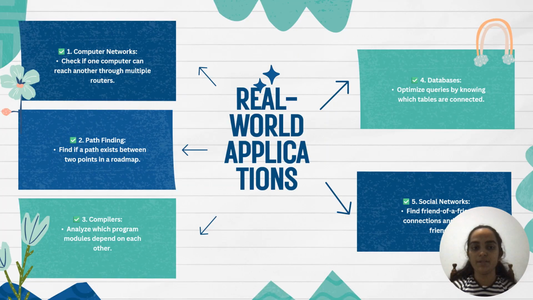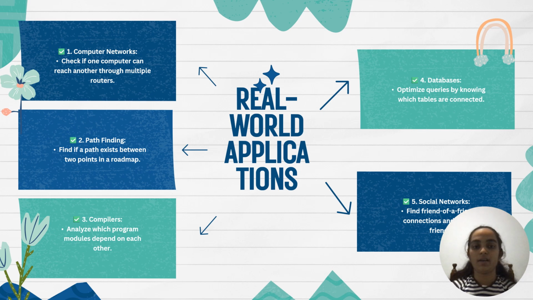Where is Warshall's algorithm used? Let's see a few examples. First, in computer networks, to check if one computer can reach another through routers. Second, in compilers, to analyze which modules depend on which others.